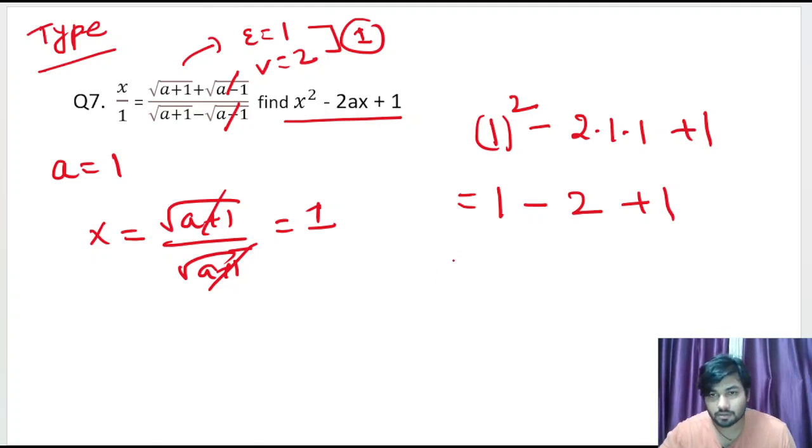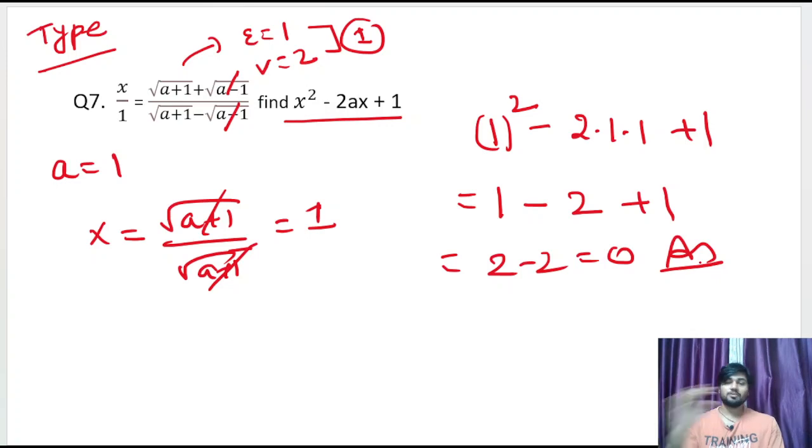Right. So this is 2 minus 2 is equal to 0. So this is our answer. With the basic method, that is the componendo and dividendo method, you got the same answer, 0. And with this value putting method, the artificial intelligence method, you are getting the same thing, 0.